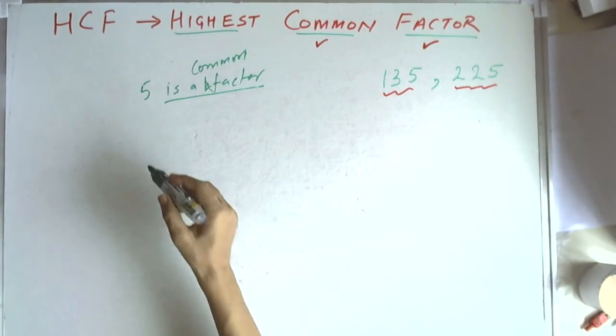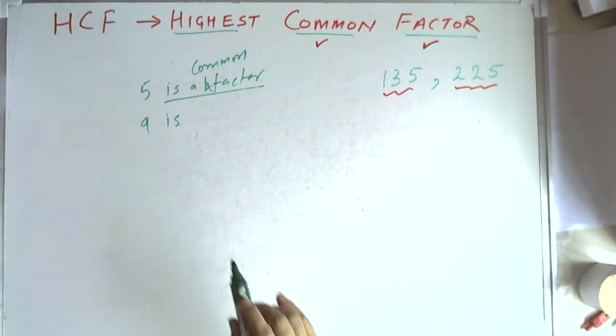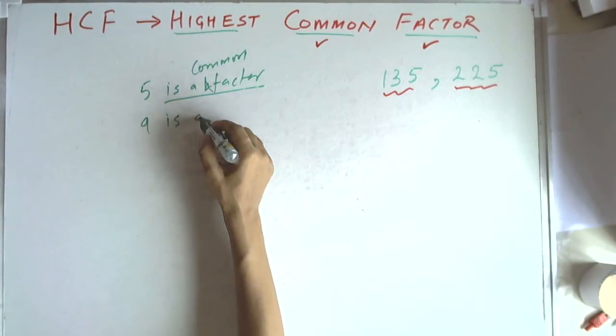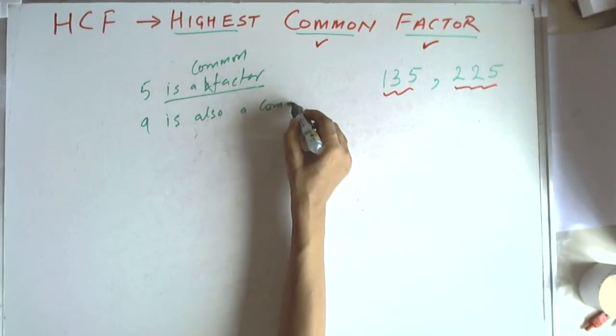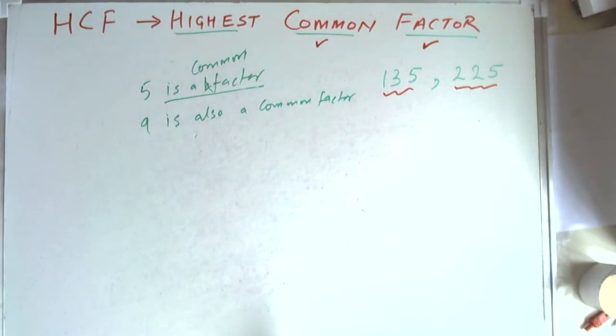Now let us see another number, by hit and trial, or just by trial. 9. 9 is also a common factor to both 135 and 225.